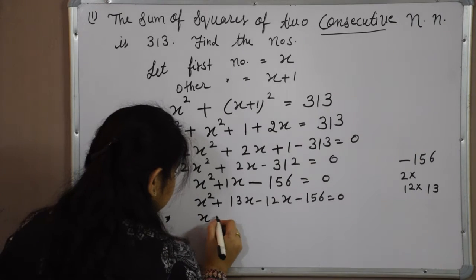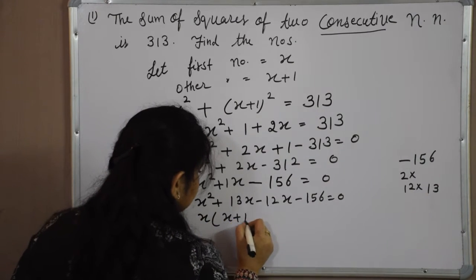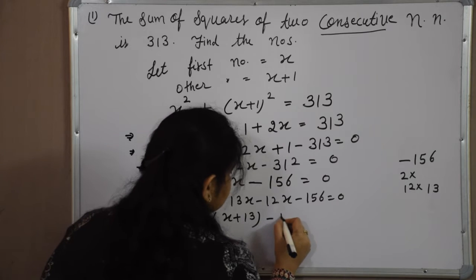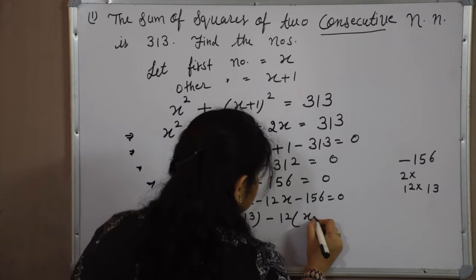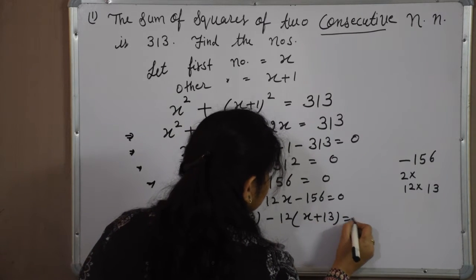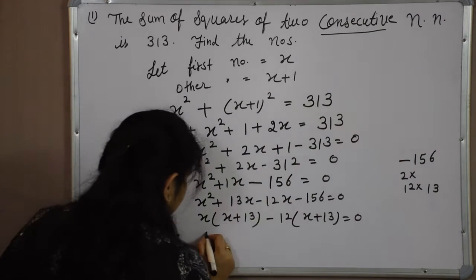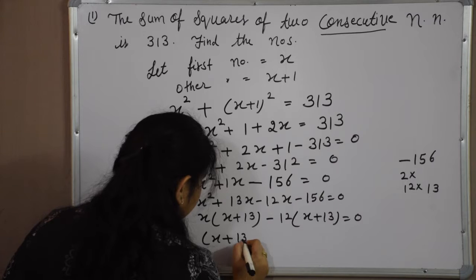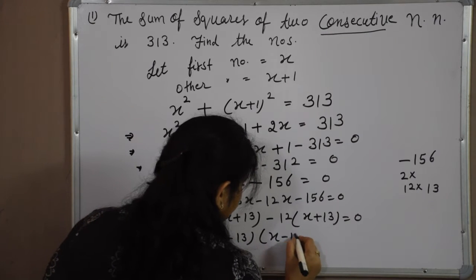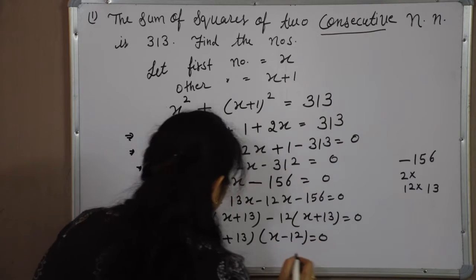Now we can take x as common: x plus 13, minus 12 common, x plus 13 equals 0. Now totally we can take x plus 13 as common, and inside we have x minus 12 equals 0.